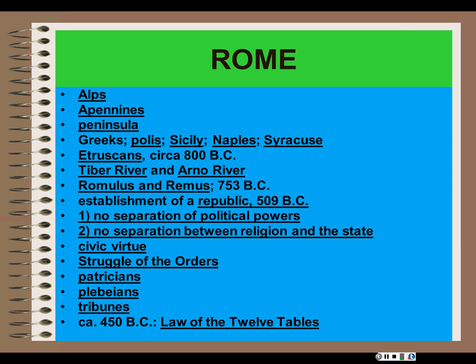But if we use their dating system, the Roman dating system, and apply it to the BC AD, it was about 753 that they claimed that these brothers established Rome.